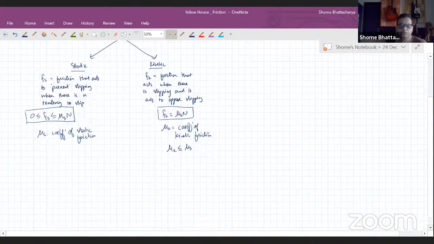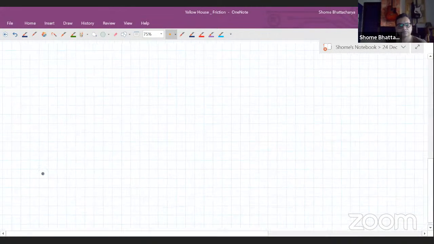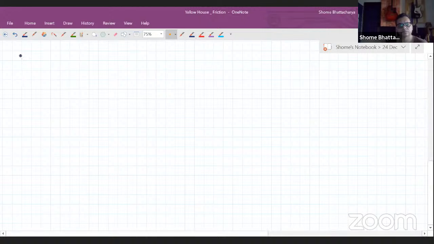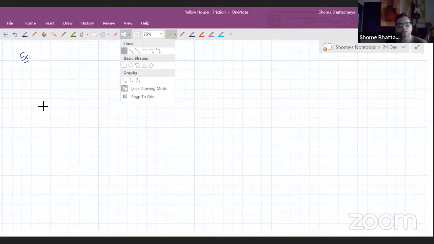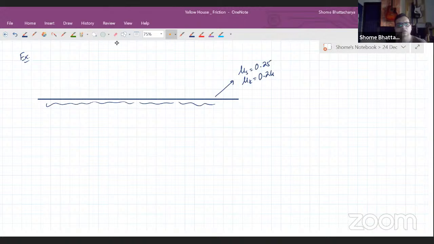Now let's proceed with an example to take this further. In our next example, we have a rough surface like this, which has coefficient of static friction 0.25 and coefficient of kinetic friction 0.24.